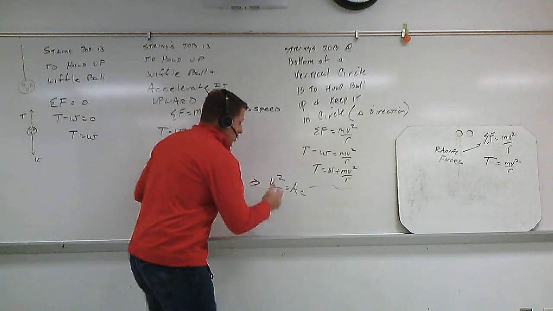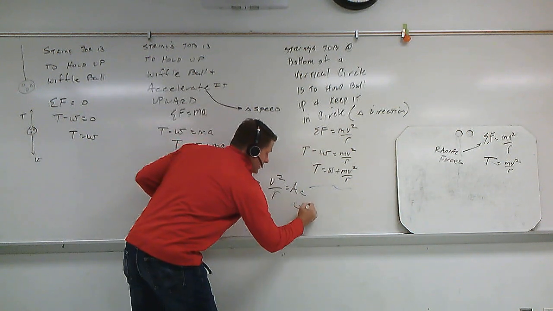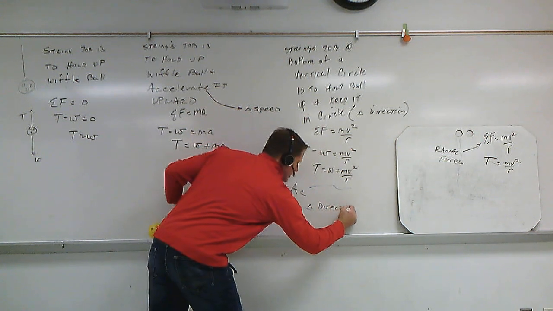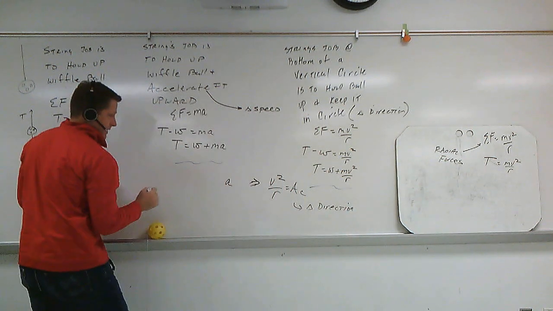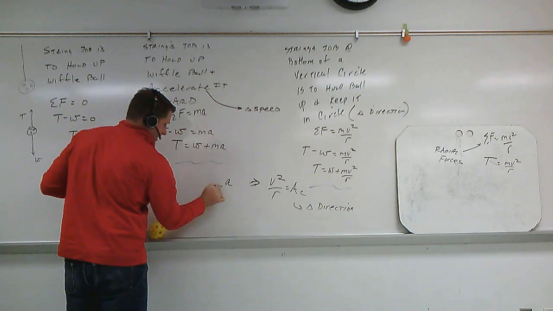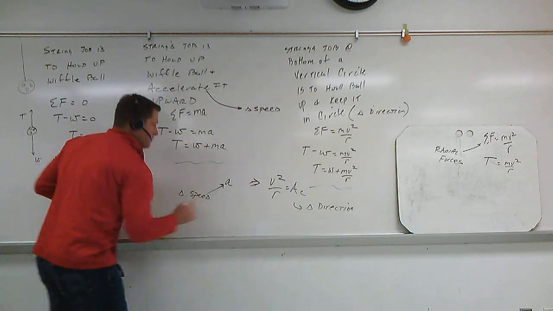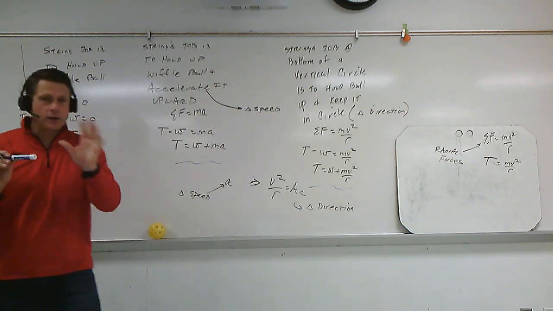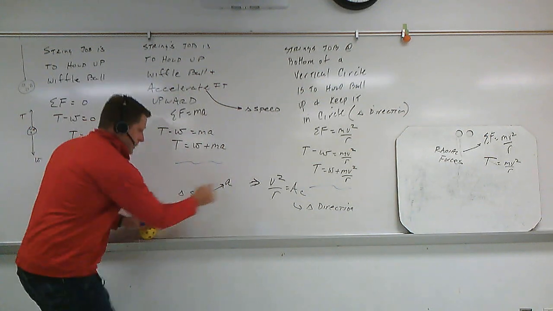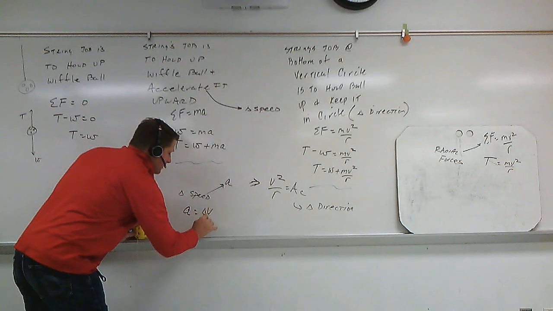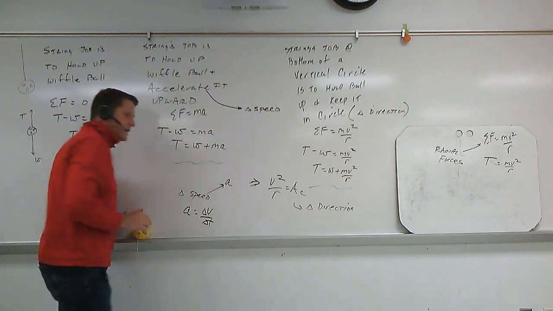What is this caused by? This is caused by a change in direction. What's this thing caused by right here? This acceleration here is caused by a change in speed. Now notice, if I were going to substitute in for this acceleration, it would be delta v over delta t.